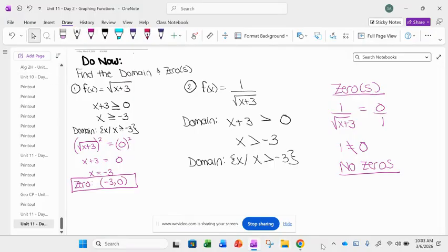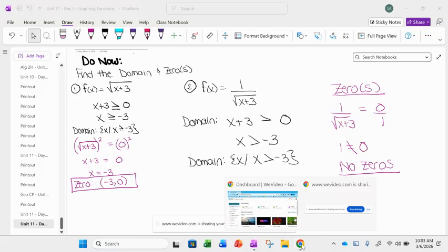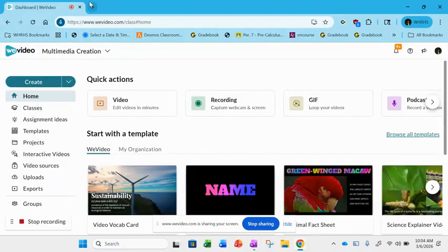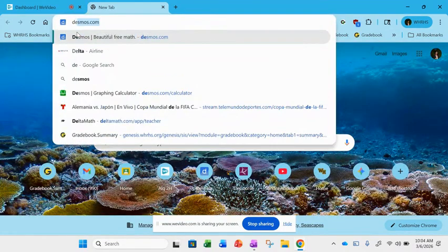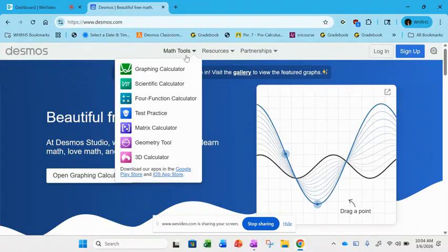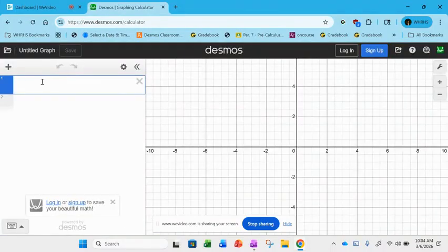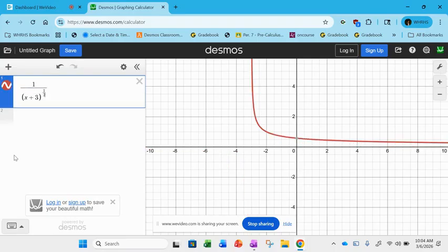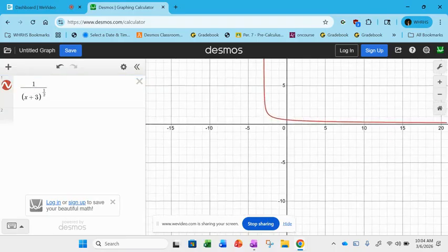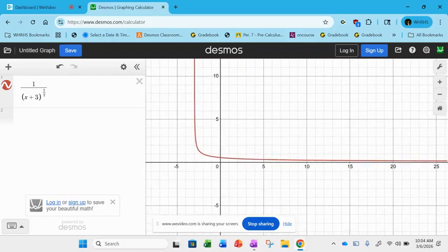Okay, let me just show you in Desmos real quick. This last one. Okay, so there's our graph.